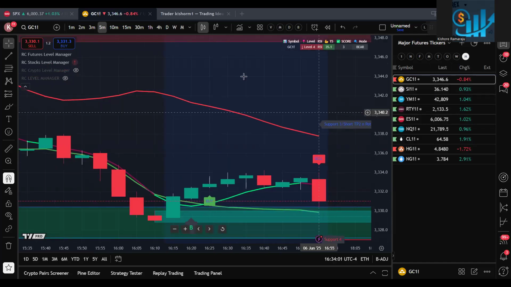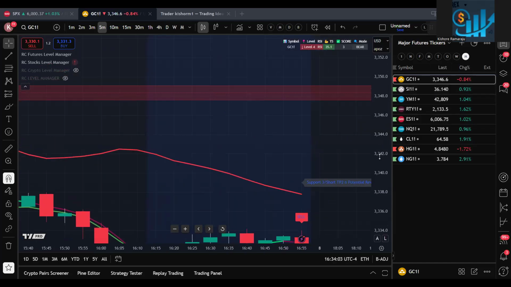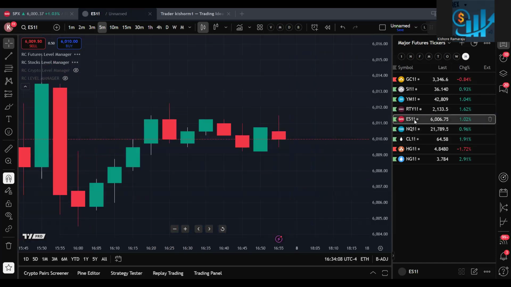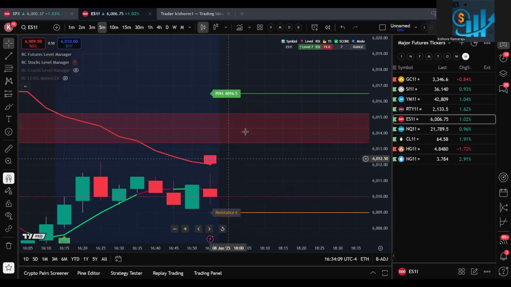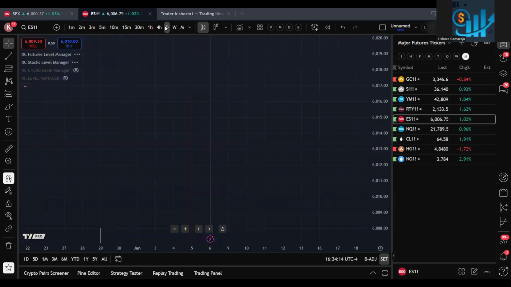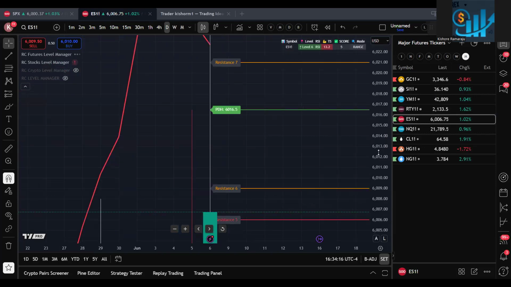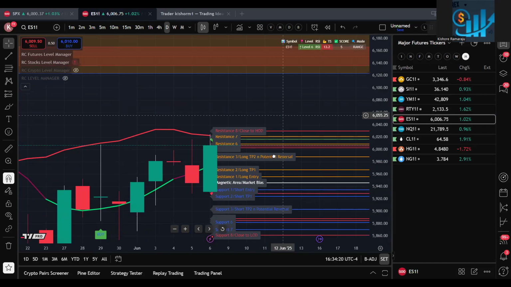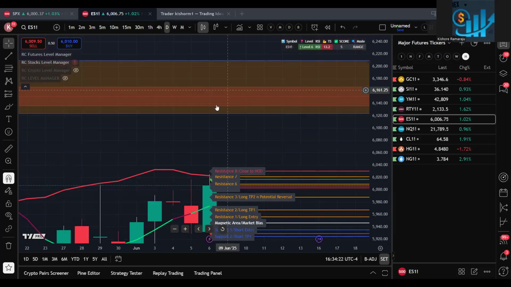So for example, on ES, you see that your major resistance is somewhere around here when you are in daily. So 6120 is your major resistance area, right?